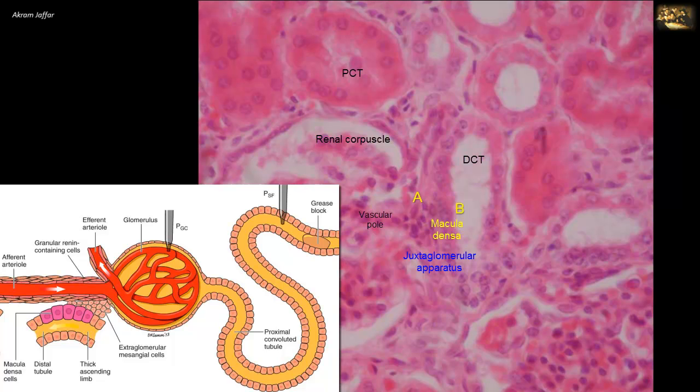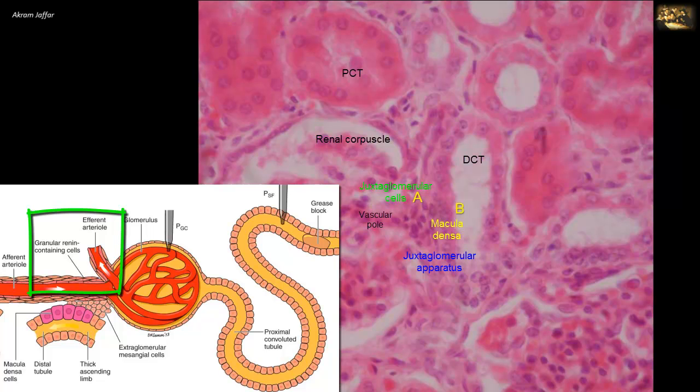The juxtaglomerular apparatus is formed of macula densa as well as juxtaglomerular cells, which are represented in A. These juxtaglomerular cells are modified smooth muscle cells of the afferent arteriole in the vascular pole of the renal corpuscle. The juxtaglomerular cells in A contain secretory granules of renin.